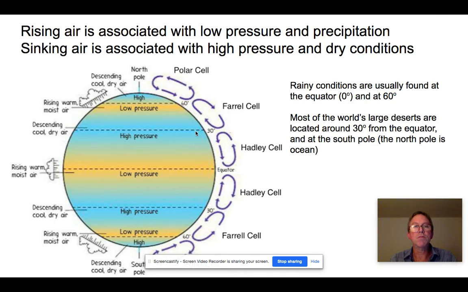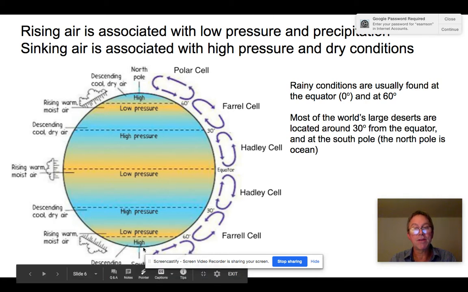So we find that most of the world's major deserts, like the Sahara Desert and the Sonoran Desert, and so on, tend to be found around 30 degrees north or south of the equator. Australia is about 30 degrees south of the equator. And also, it sinks at the poles. You can't have a desert if you don't have land, but there is land in the southern hemisphere at the pole.